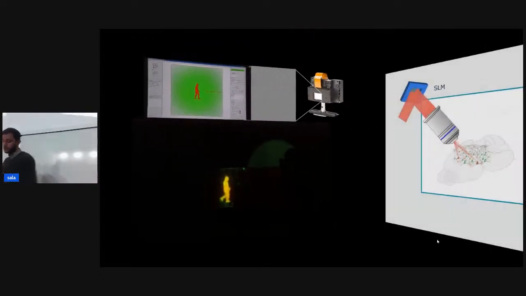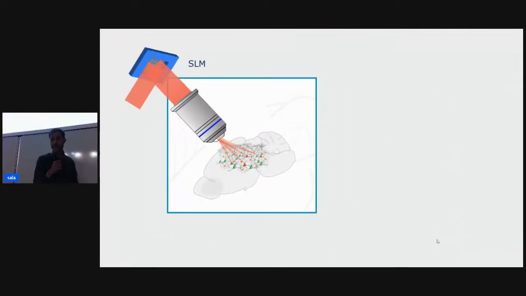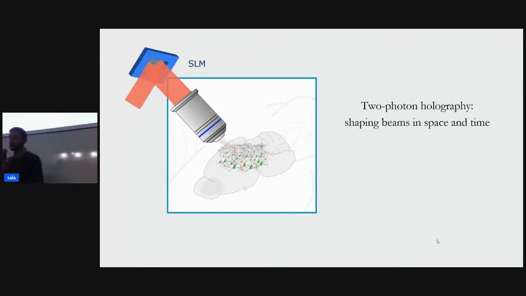And now, going back to neurons, this is the method that we're going to use to excite the neurons that we want in the precise way we want in order to reproduce the neuronal activity. So starting from this concept, I'm going to spend the next 10 minutes, I think I still have, to tell you a couple more concepts about the methods that we developed in Paris.